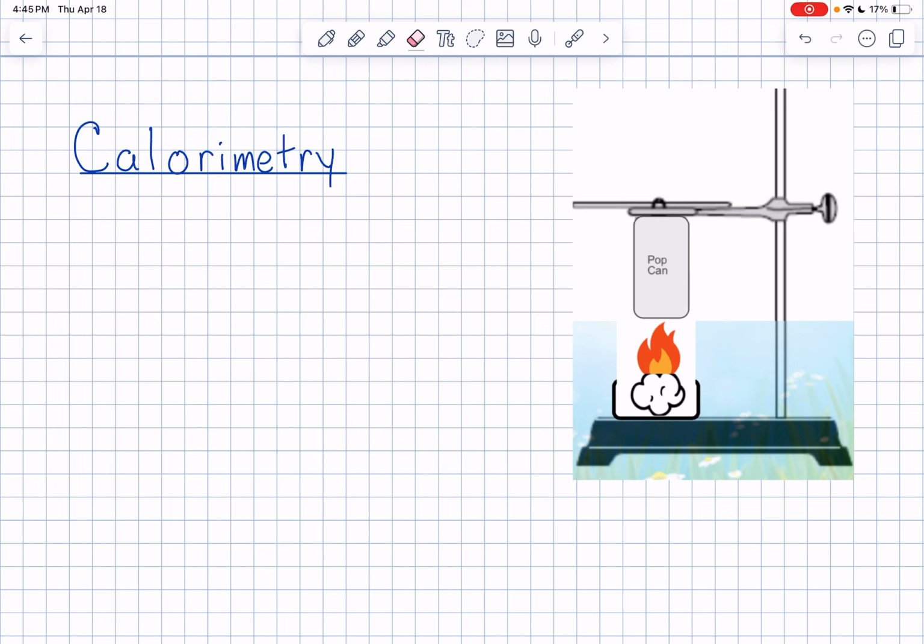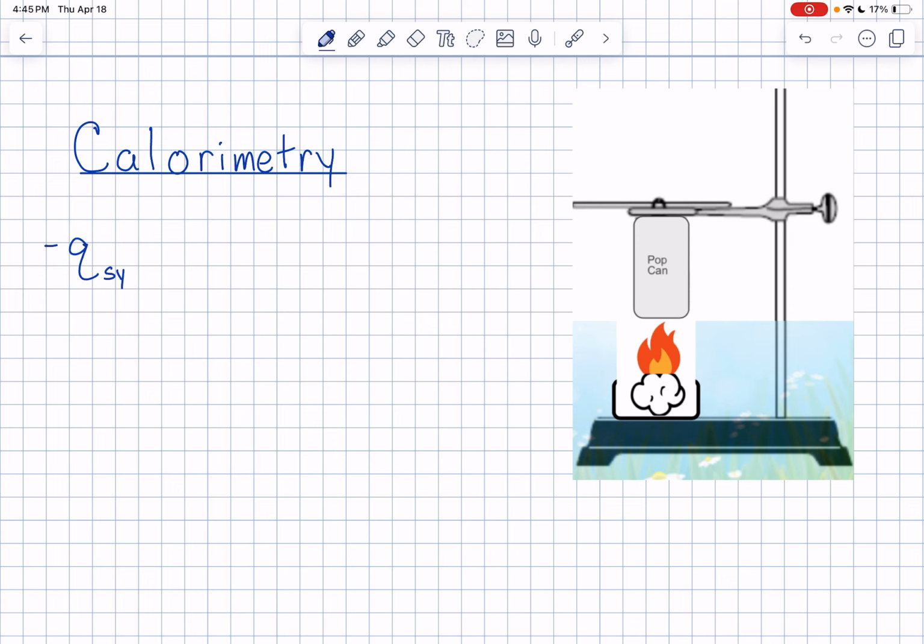In calorimetry, what we're going to do is measure the amount of heat released by one system. So energy is released by one system.